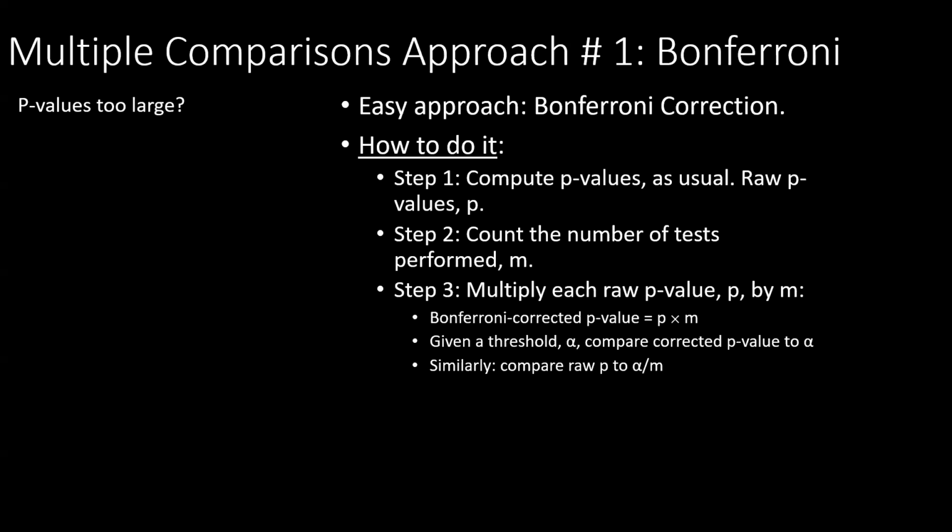So then if you have a threshold, which is often denoted as alpha, and those of you who took a stat class would recognize this as your type 1 error, then you would compare your corrected p-value to alpha. Similarly, you could compare your raw p-values to alpha divided by m. Both of those will give you the same results in terms of whether it's below or above your threshold.